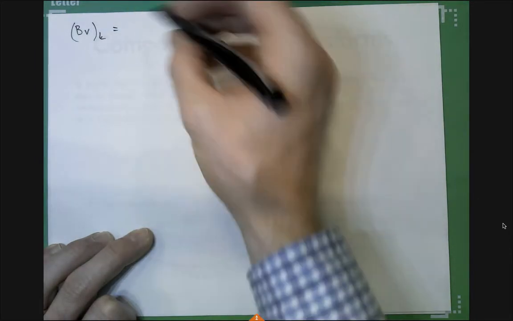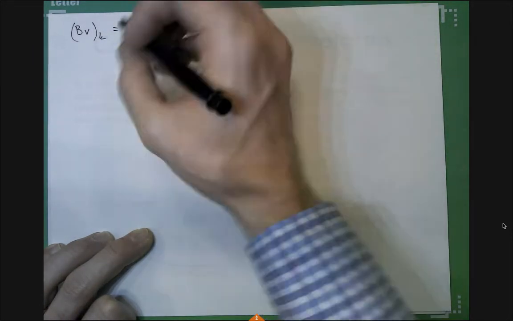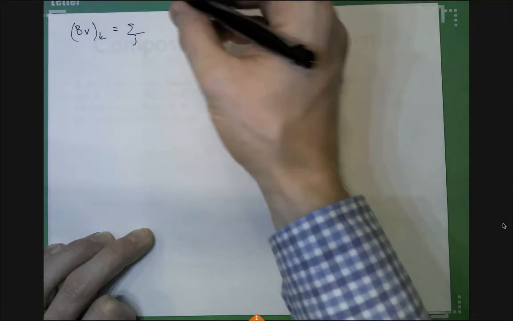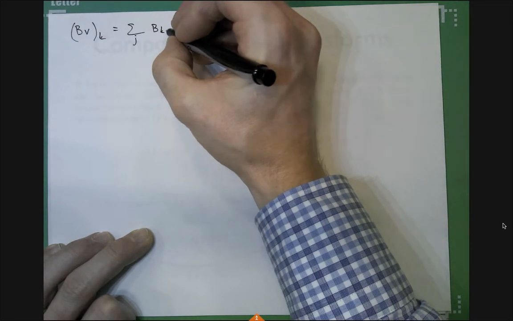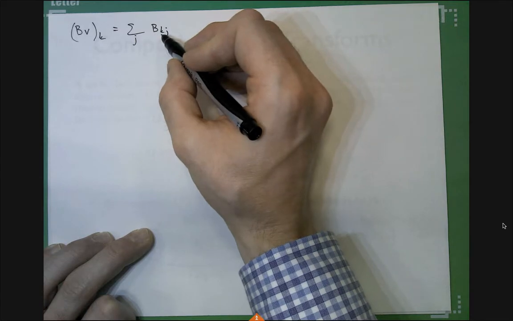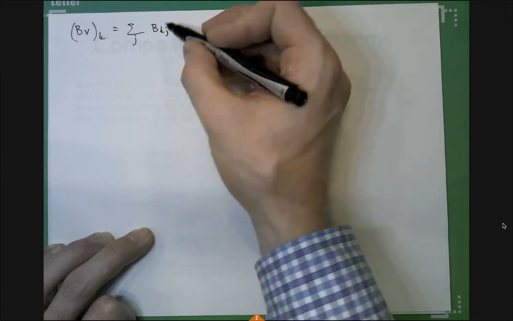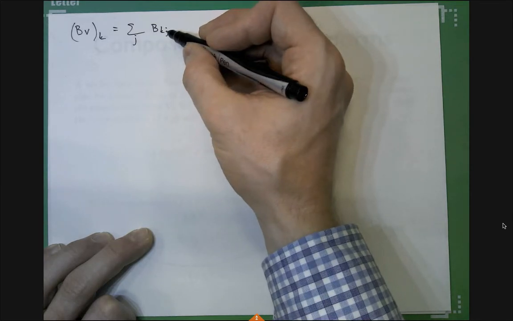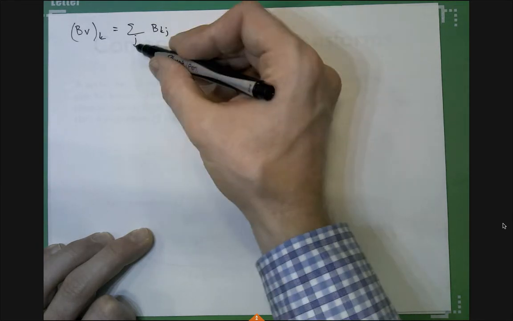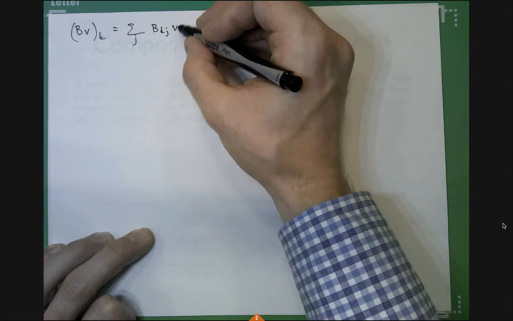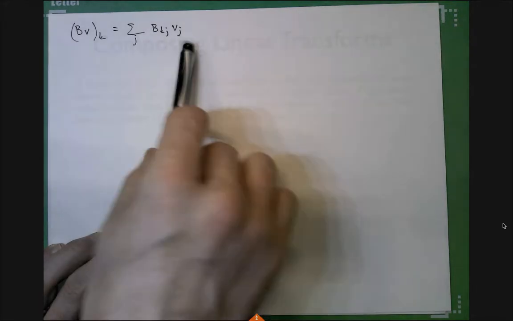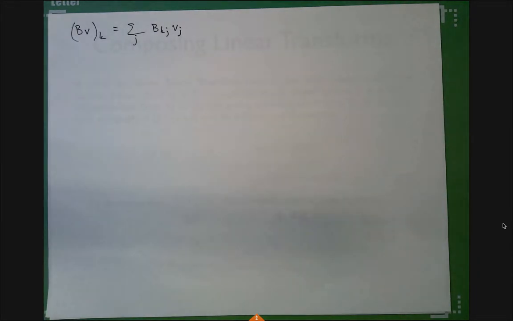By the definition of matrix-vector multiplication we discussed a couple of minutes ago, that would be this. I'm taking the kth row of the matrix and summing over the columns, so j goes over columns and multiplies with the coordinates of the vector V.